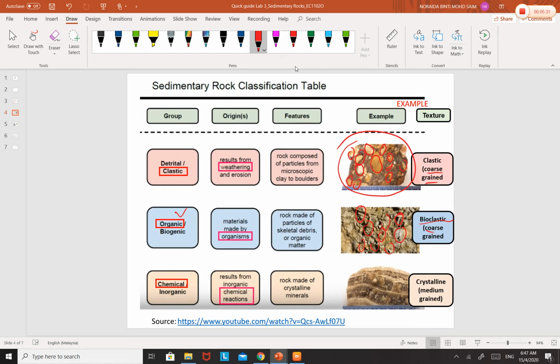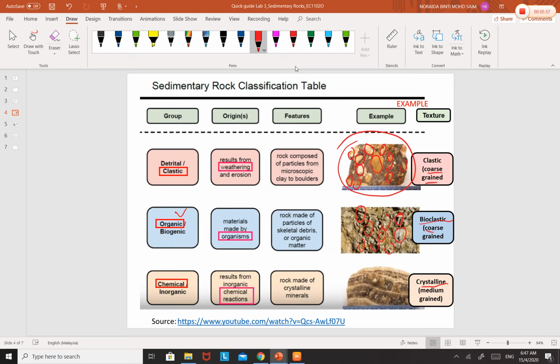And then for the chemical ni from inorganic, bukan daripada organic lah. So it's a naturally chemical process, chemical reaction. Okay, contoh dia macam garam, rock salt. And that one is the chemical process yang menghasilkan rock salt. The group is a chemical, origin dia chemical reaction, and the texture tadi dia crystalline.